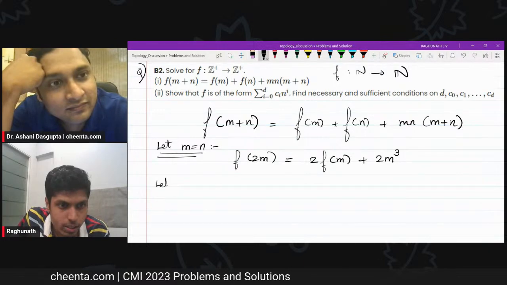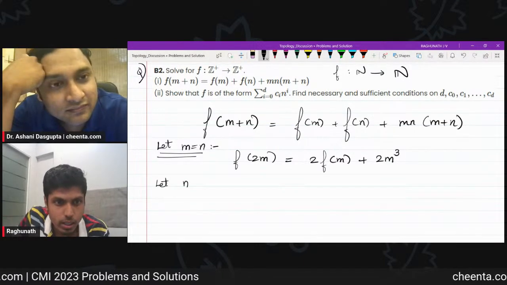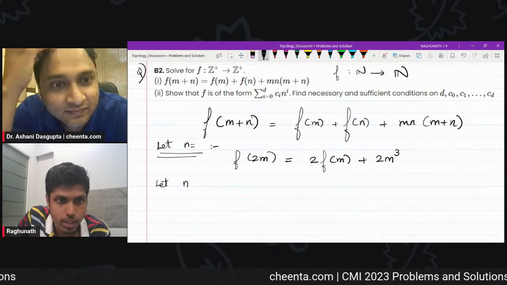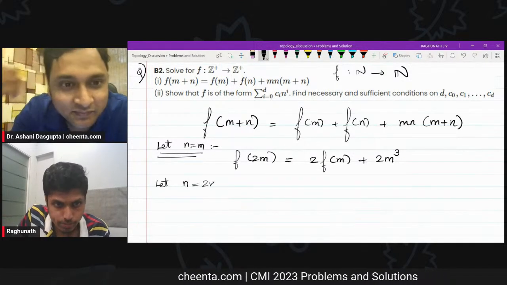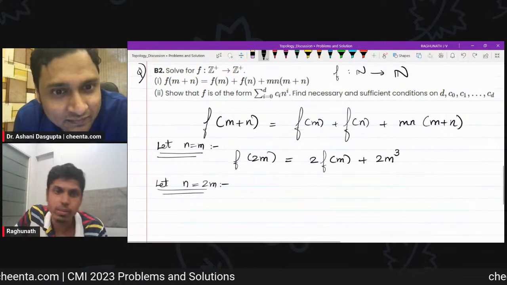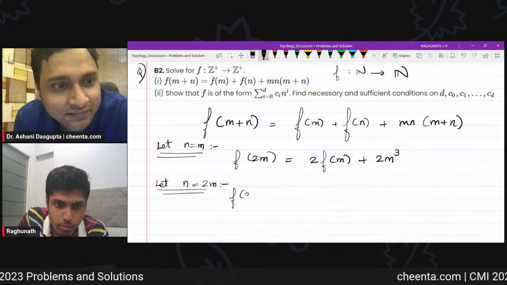Now you will see something interesting if you put, not m equal to n, but let's put n equal to 2m, because I can use this data to find f of 3m.